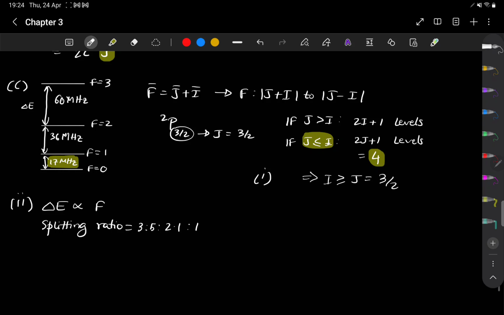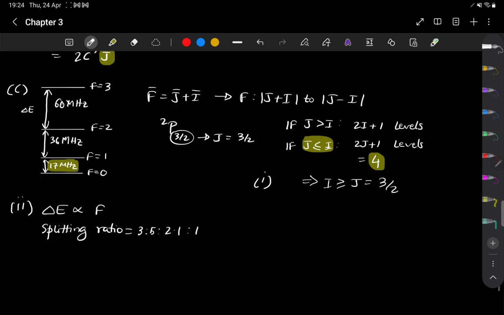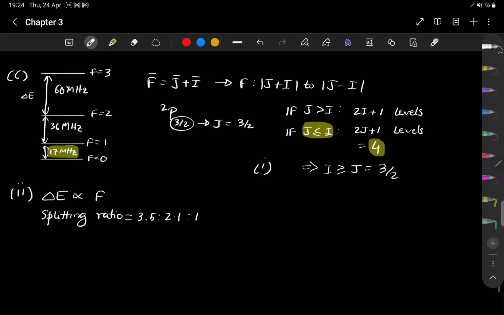Now if we look at these F levels, if I equals, let us say, the lowest value 3 by 2, because I needs to be greater than or equal to 3 by 2.